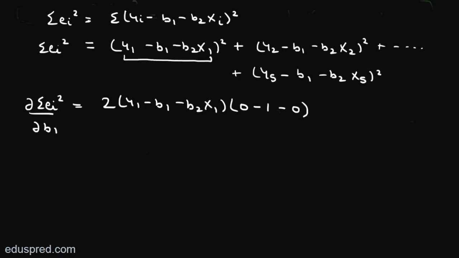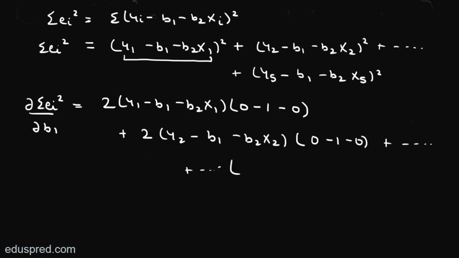Similarly, we can do it for the second expression: twice of (y2 minus b1 minus b2 x2), and then using chain rule, we will have 0 minus 1 minus 0, and so on. And for the fifth expression, we can write twice of (y5 minus b1 minus b2 x5) multiplied by 0 minus 1 minus 0. So the first expression is 2 multiplied by minus 1.